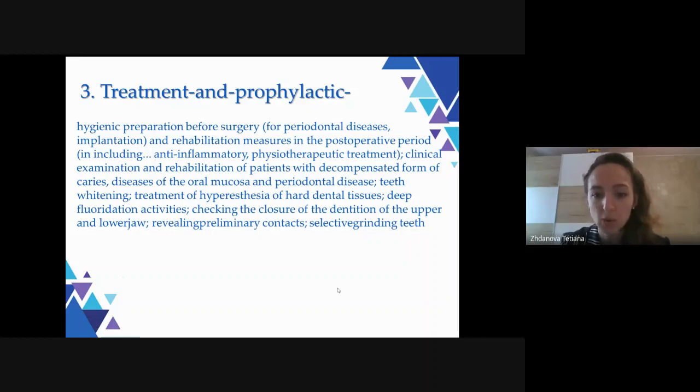Of course, we need to do treatment of hyperesthesia of hard tissues if the patient has these problems, deep fluoridation, and of course today, in this step we need to do selective grinding of teeth.